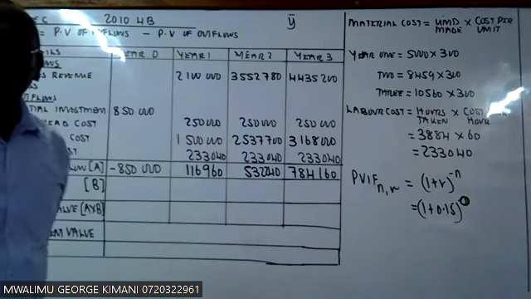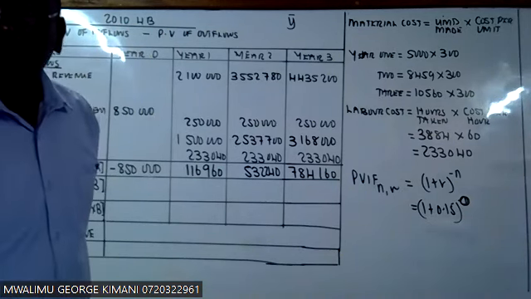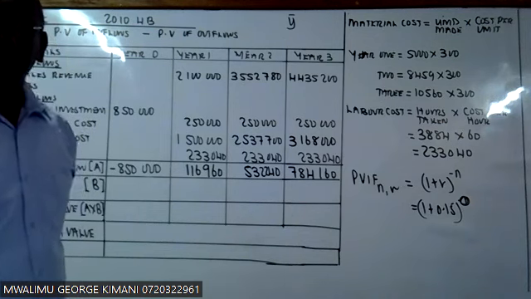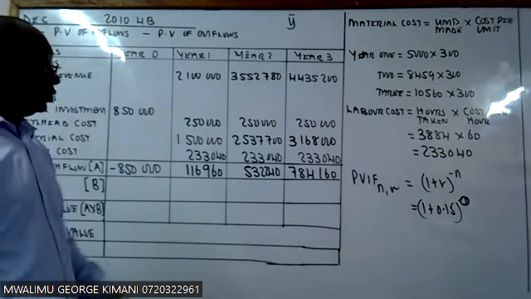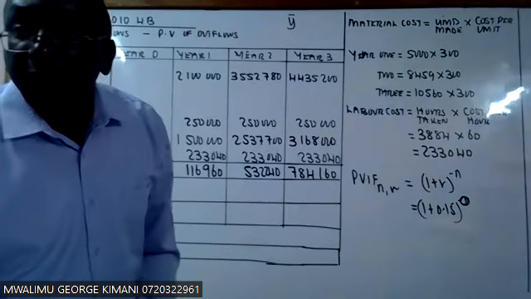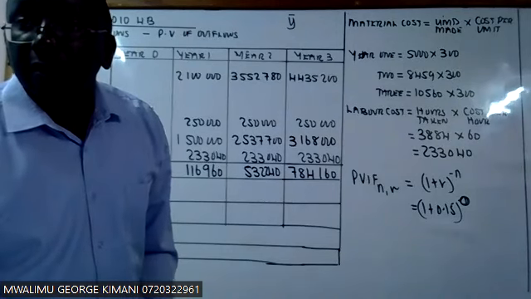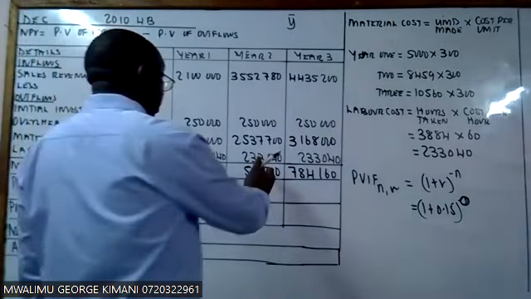Five, that's 2,040. So this one is 5, that's 2,040. Okay.